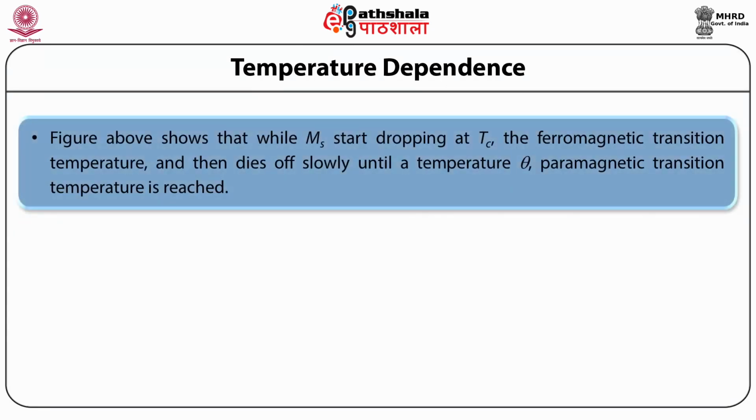The figure shows that while Ms starts dropping at T equal to Tc, the ferromagnetic transition temperature, it dies off slowly until a temperature theta, which is the paramagnetic transition temperature.